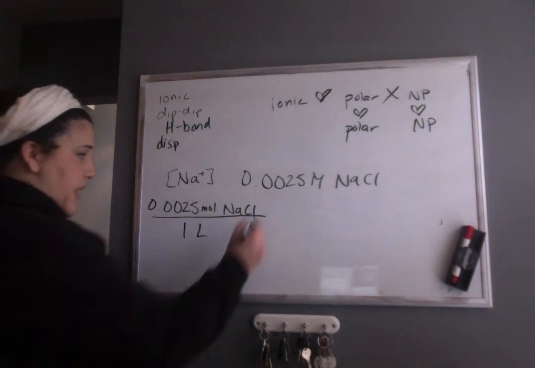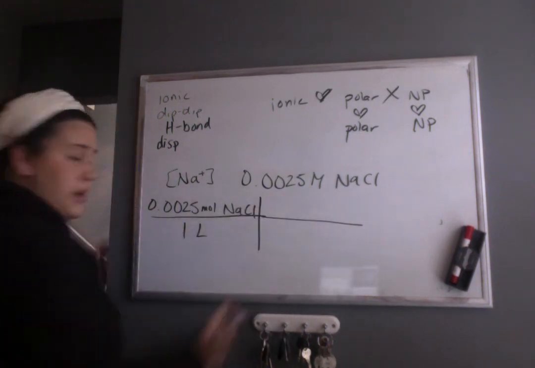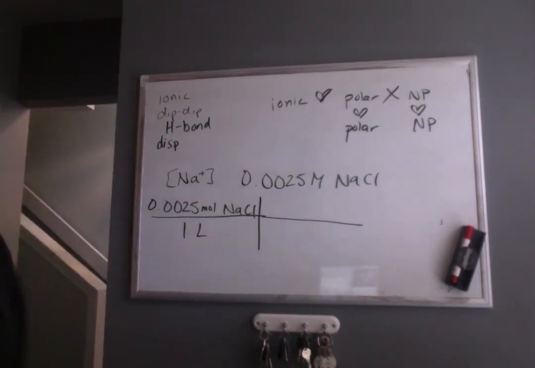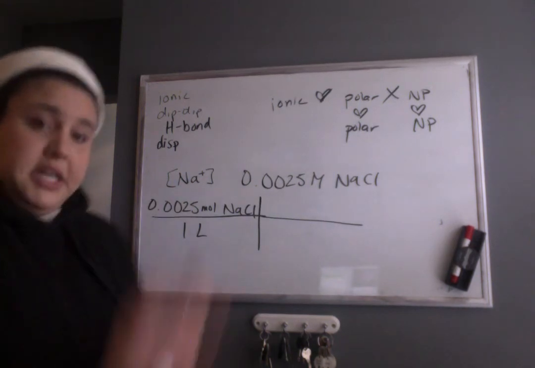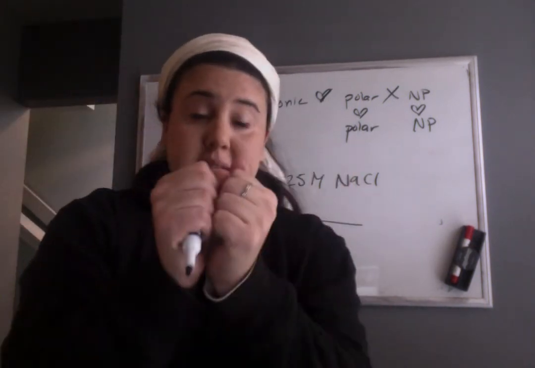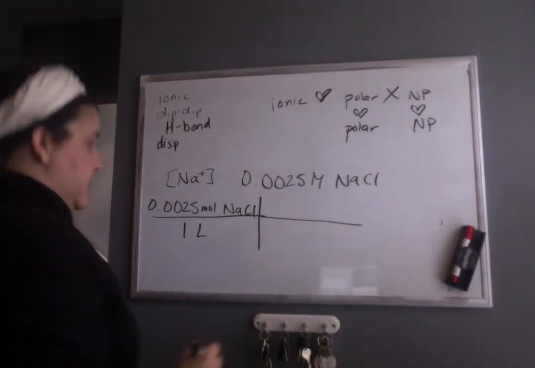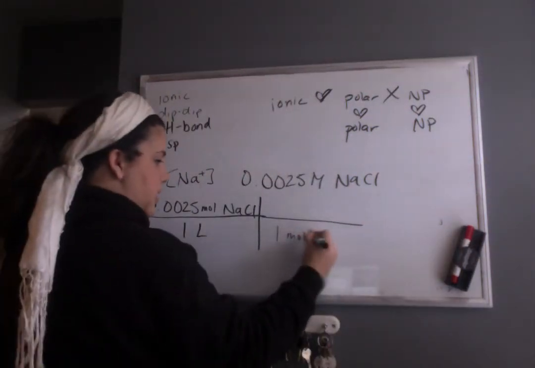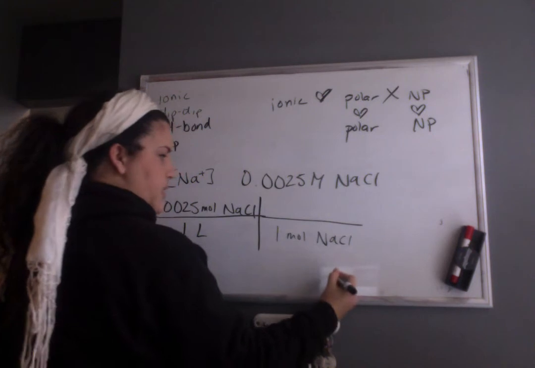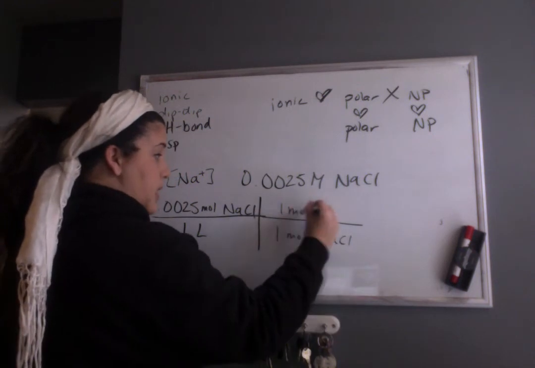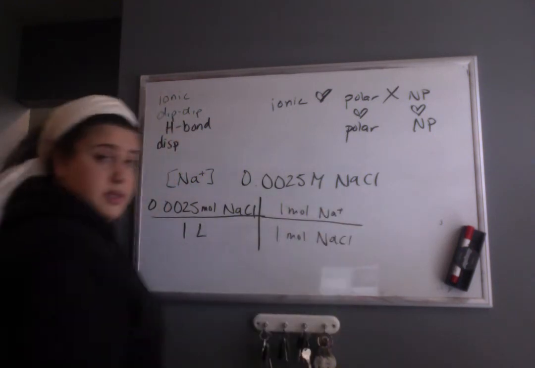Now, if I think about it, I know that in solution, my relationship between moles of sodium chloride and moles of sodium is 1:1, because again, sodium and chlorine come together in a 1:1 ratio, so when they break apart, for every 1 sodium chloride, I will end with 1 sodium and 1 chloride. So 1 mole of sodium chloride results in 1 mole of sodium plus.